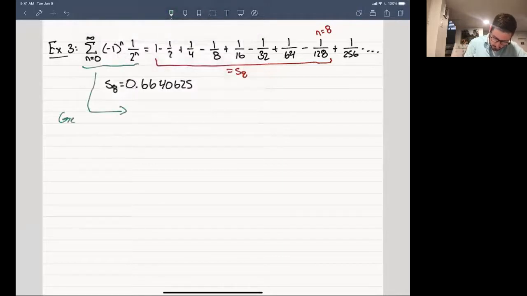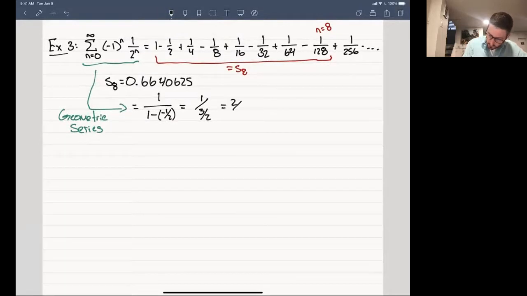So a geometric series. So I know what its sum is equal to. I can see that this thing is equal to 1, the first value, divided by 1 minus, and the ratio is minus 1/2. So this is 1 over 3/2, which is equal to 2/3, right?